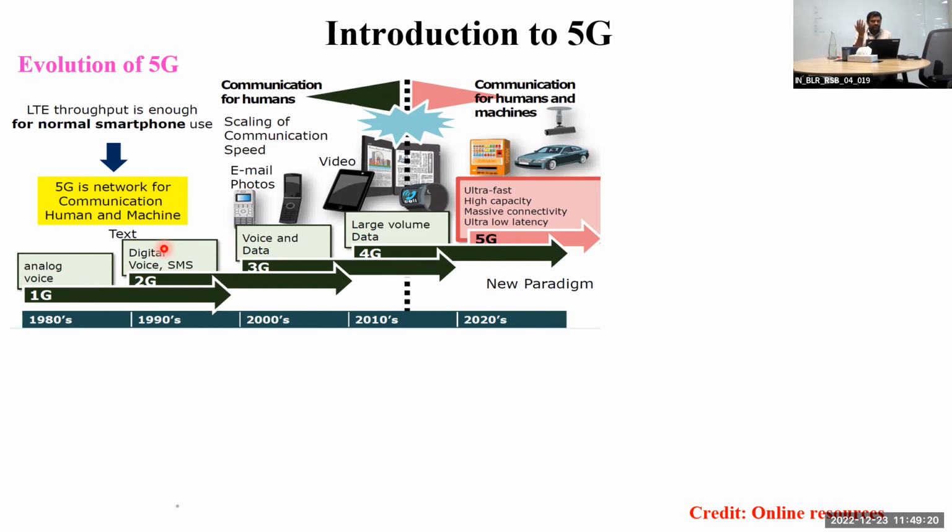Then in 3G, they started focusing on voice as well as data, in a different way, because in 3G we had two technologies together. In the air, between the base station and the user equipment, or mobile, it was CDMA technology, and from the base station to the core network, it was GSM technology. So it was the first kind of disaggregated network, where you use two different technologies on the same platform.